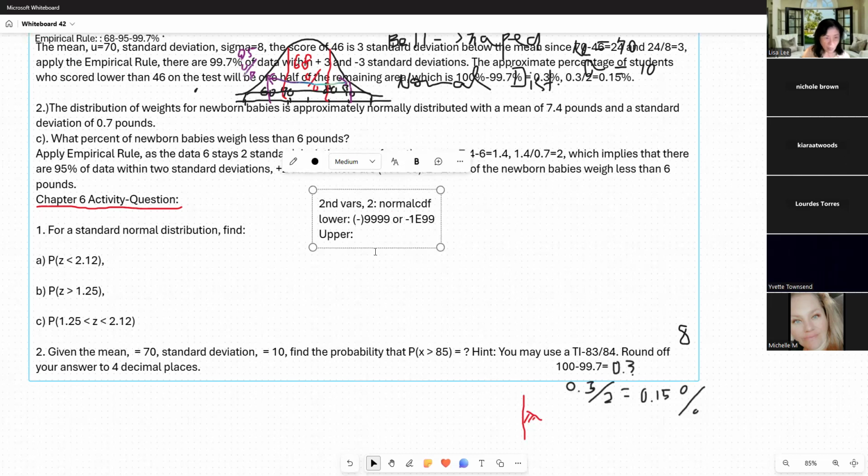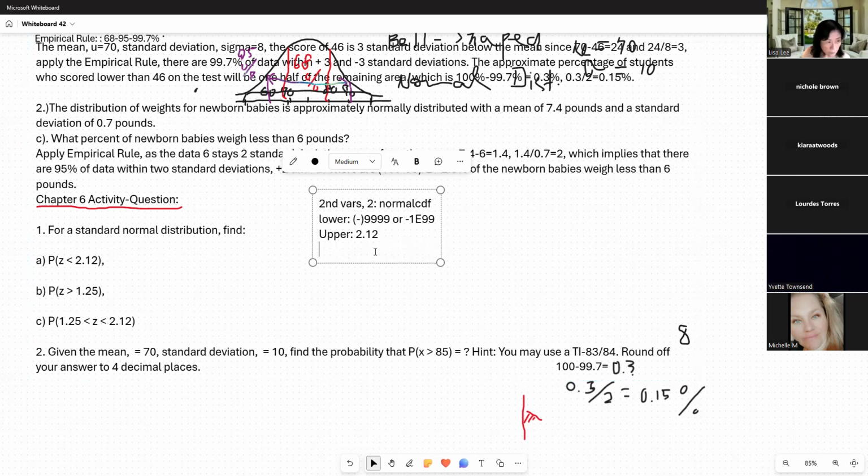And upper bound up to 2.12. So just type in 2.12. And then the calculator screen will confirm mu is 0, okay? Because z-score is based on mean score as 0, and the standard deviation as 1.